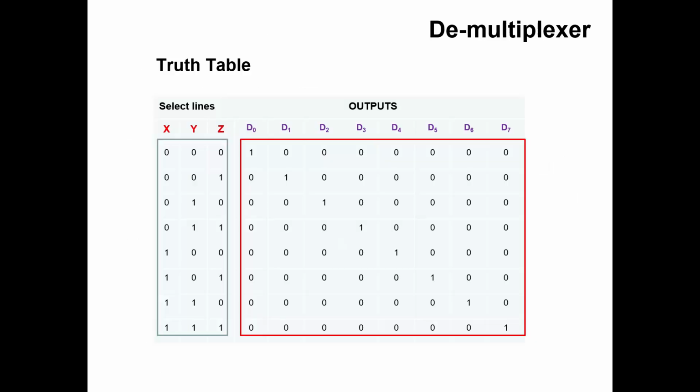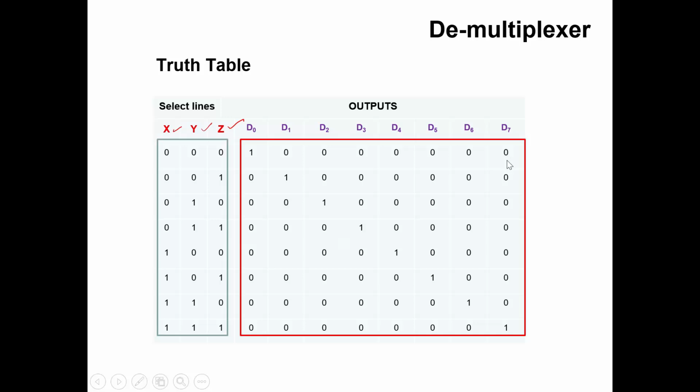Here we have the enable input which is acting as a data input line, and we have the select lines X, Y and Z. We have the 8 outputs D0, D1, D2, D3, D4, D5, D6 and D7. When X is 0, Y is 0 and Z is 0, the line D0 is 1 and the rest of the outputs are 0.